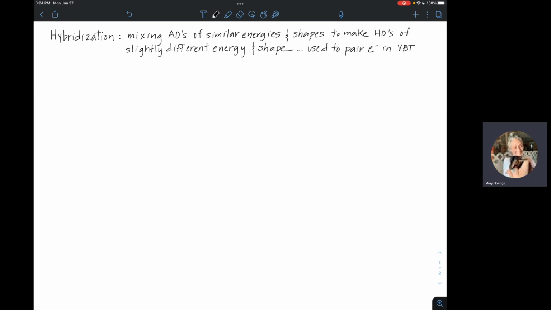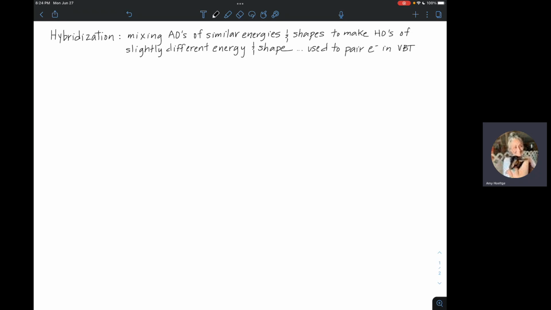If you remember from Gen Chem, when you're talking about valence bond theory, there's a couple of different ways that we can make a molecular orbital. We can take a half-filled orbital and allow it to overlap with another half-filled orbital, and together they create a molecular orbital that's lower in energy, so heat is given off. When you make a bond, all bond making processes are exothermic.